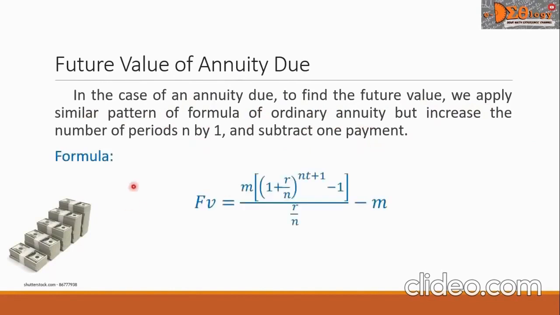This is our formula. This is similar to the formula of ordinary annuity. The only difference is in this portion that we are adding 1. Also, there is a minus m in here. So this is our big formula for annuity due.